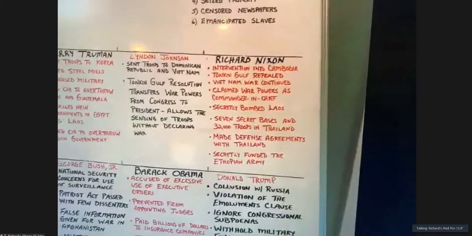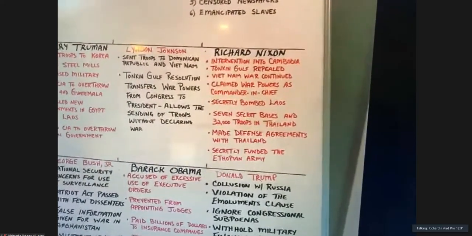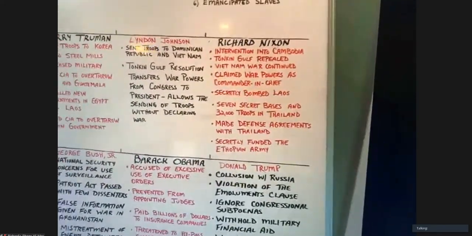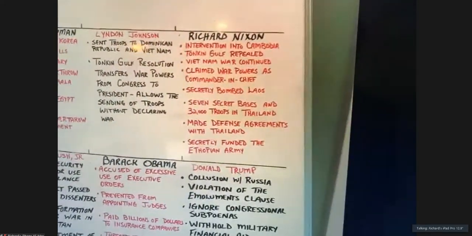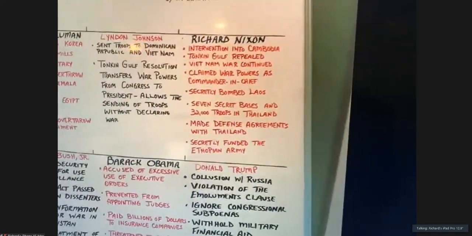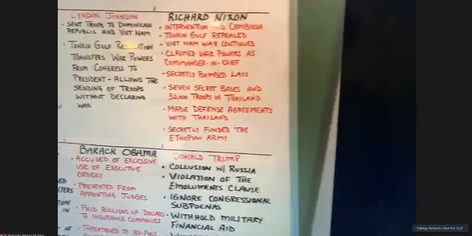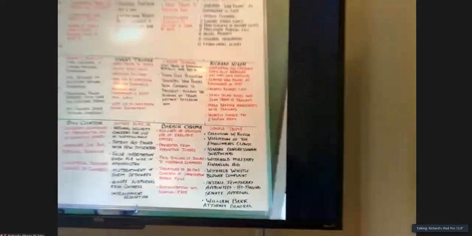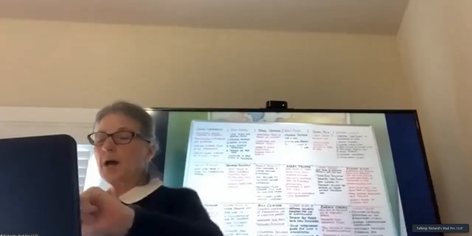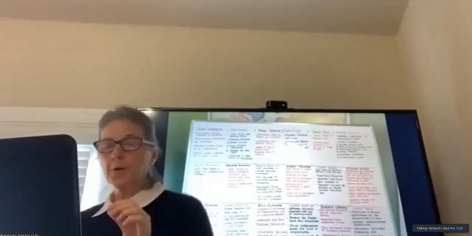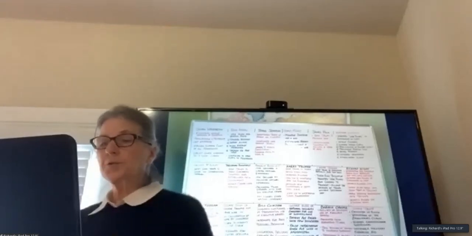Nixon justified his authority to the invasion of Cambodia only by the title of commander-in-chief. That title has so much breadth of power. And Congress is not holding on to their power, which sets a very dangerous precedent.